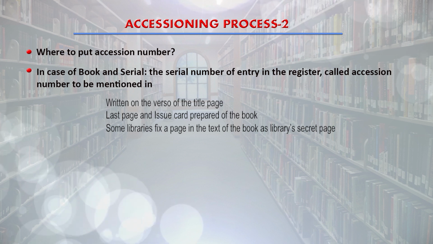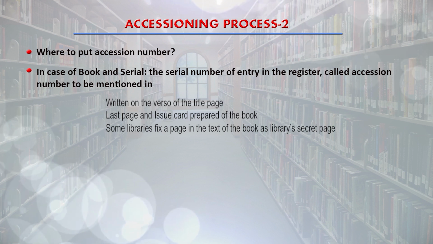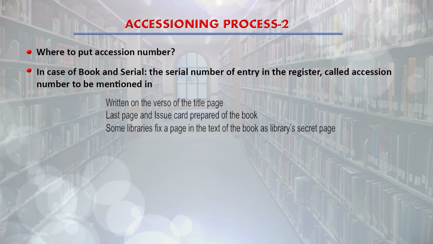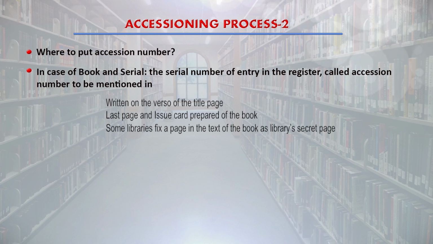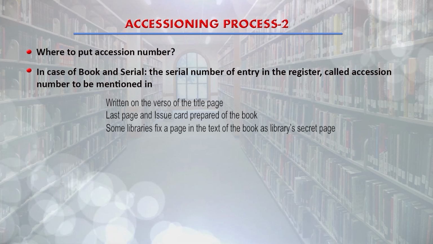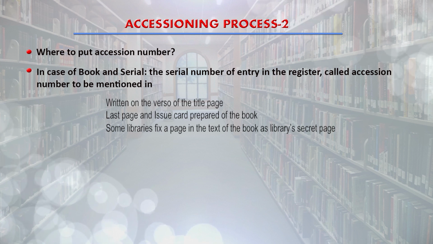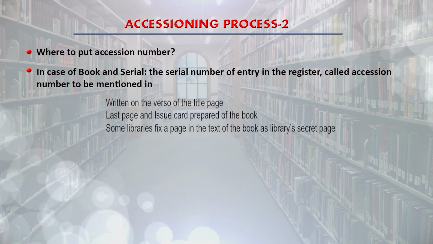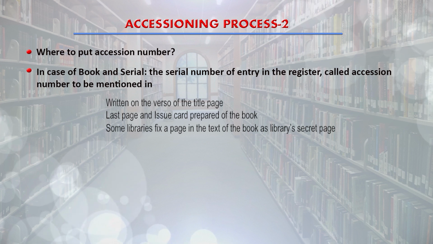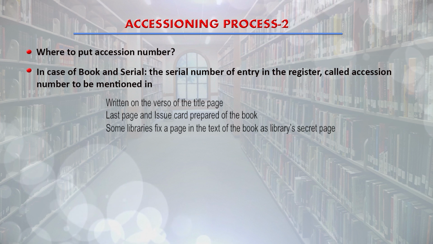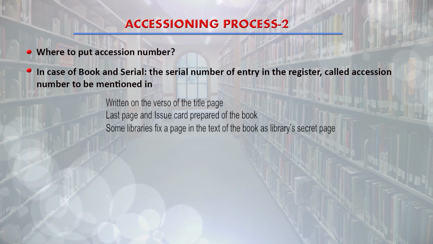Then on the last page where books are to be issued, you put the accession number along with the accession card that I have shown you earlier. That has to be prepared, and it goes inside the jacket, so that when that book or journal is issued, you can keep track of it.